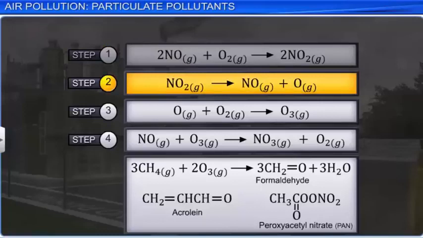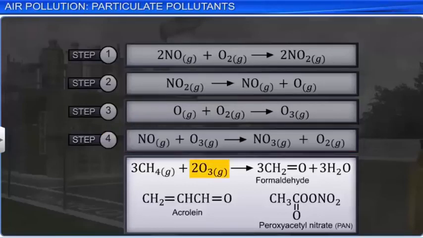This nitrogen dioxide absorbs energy from sunlight and breaks up to form nitric oxide and nascent oxygen. The oxygen atom, thus produced, reacts with oxygen gas in the air and forms ozone. This ozone reacts with nitric oxide and forms brown nitrogen dioxide gas.